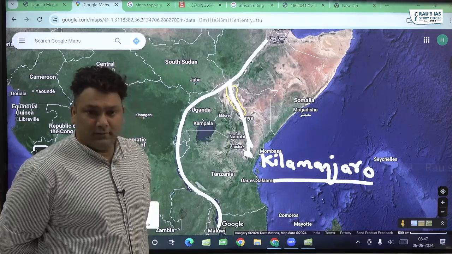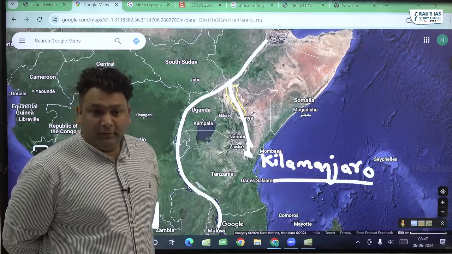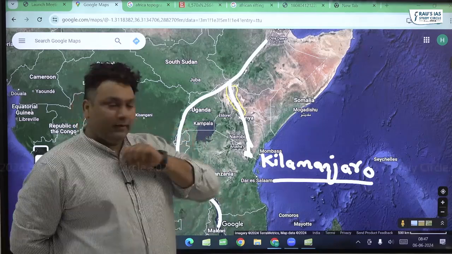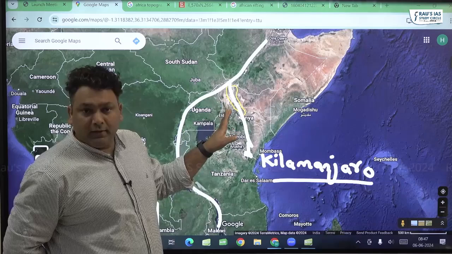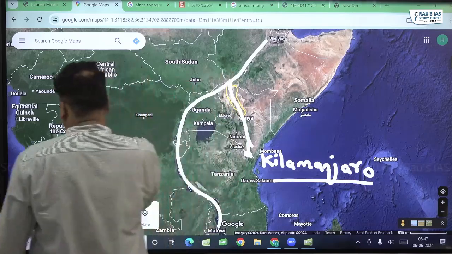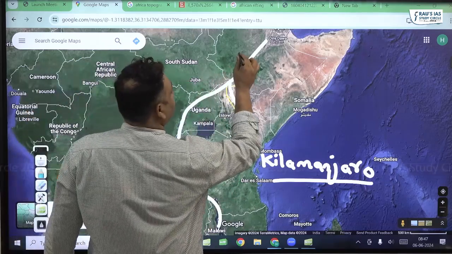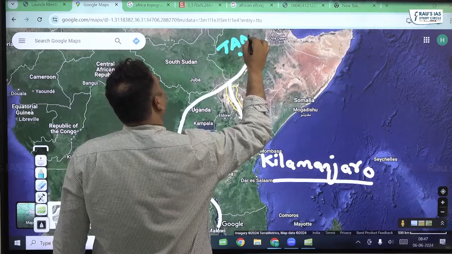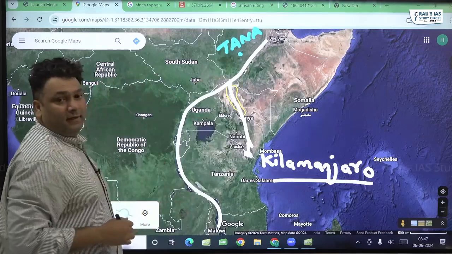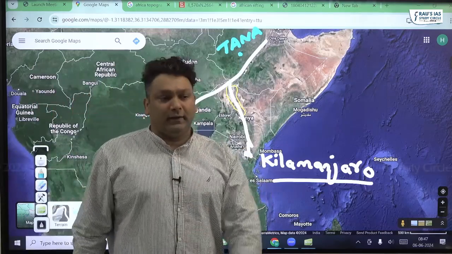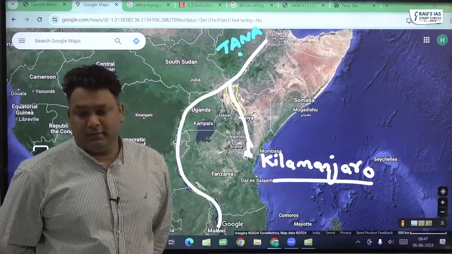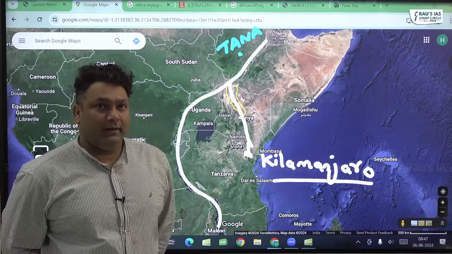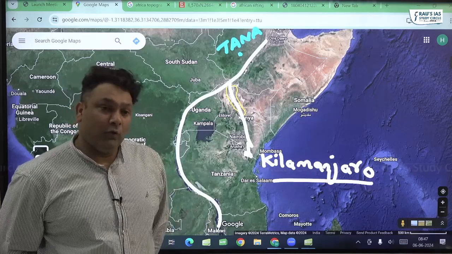So till now, whichever lakes we have seen, they're falling along the Great African Rifting. But here there's a lake. This is called Lake Tana. Lake Tana is not a Rift Valley lake. It's in Ethiopia.